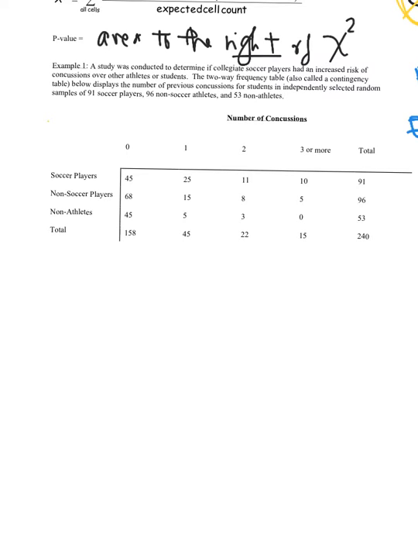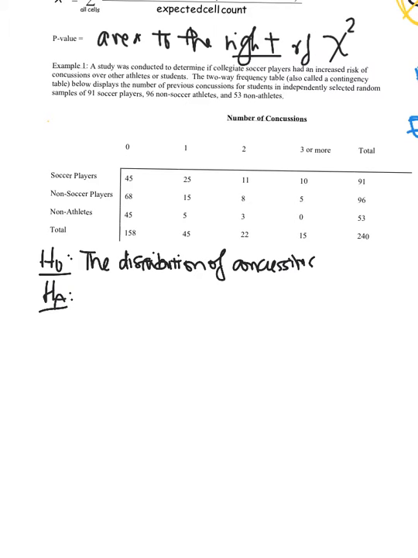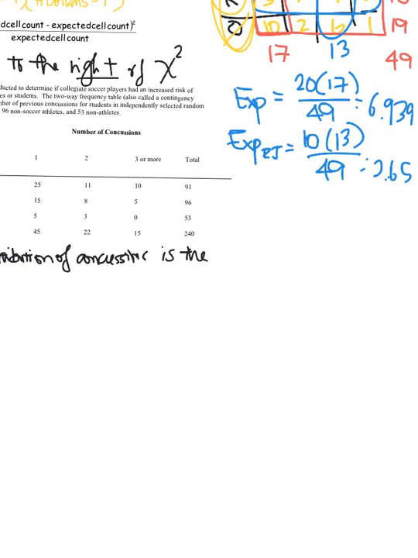So we have our null hypothesis and our alternative hypothesis. I'm going to start with the null: the distribution of concussions is the same for all 3 groups.